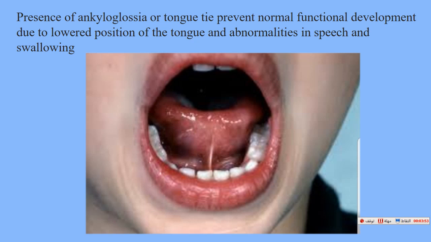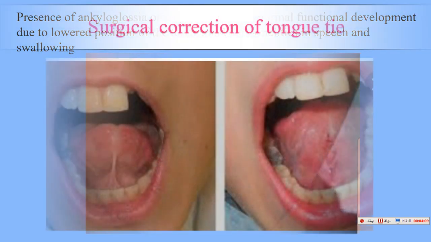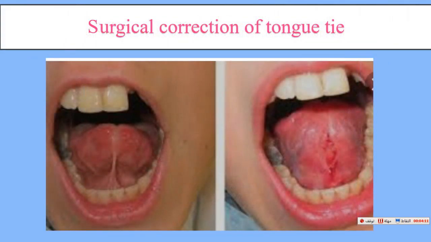So if it interferes with the movement of the tongue, this is called ankyloglossia or tongue tie, and we must remove this frenum surgically to prevent interference with tongue movement. As seen in this picture, this is surgical removal of the lingual frenum to prevent any interference.